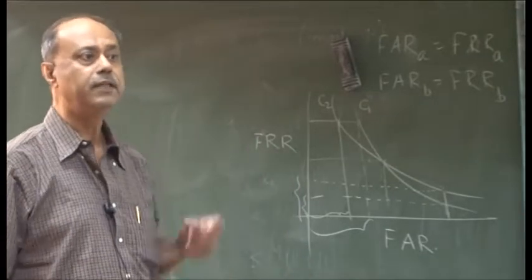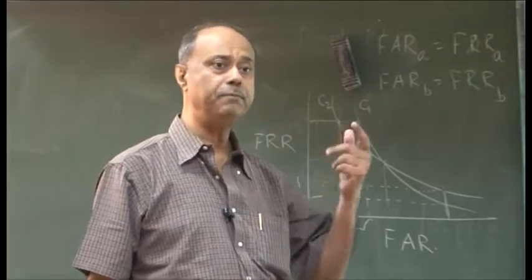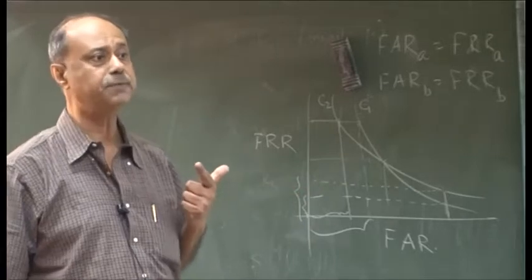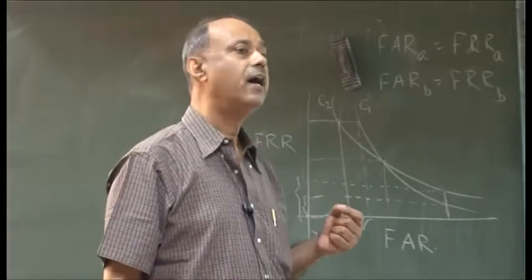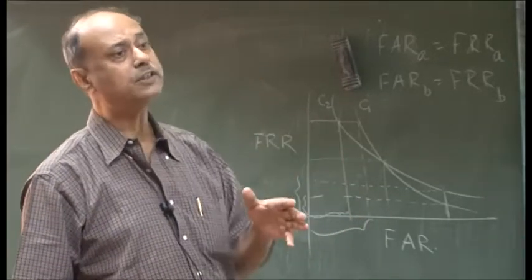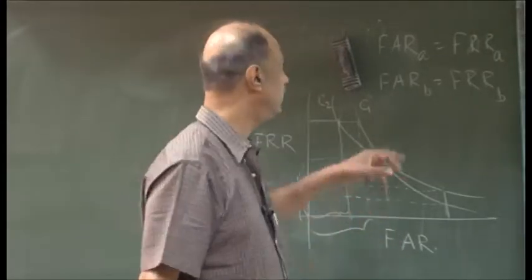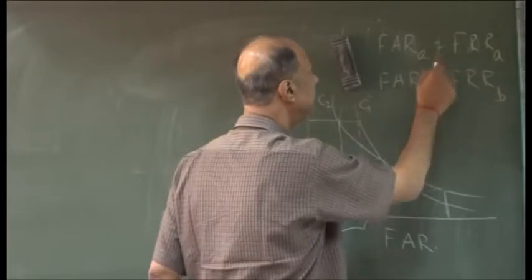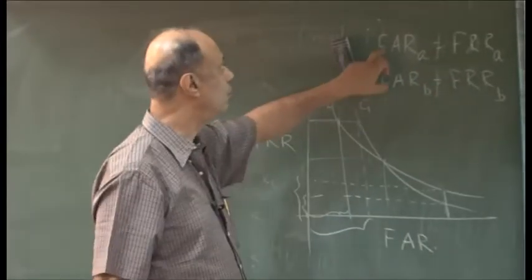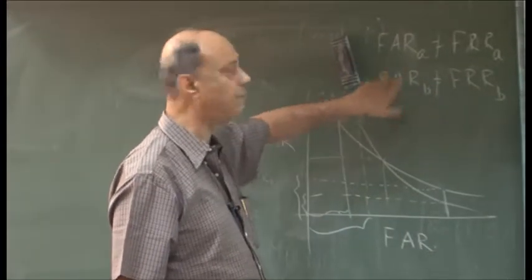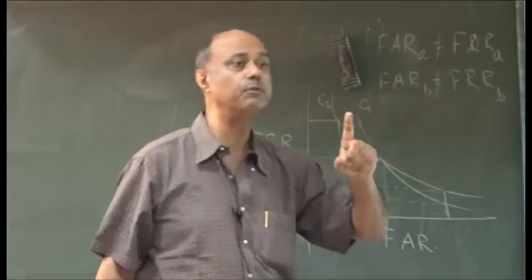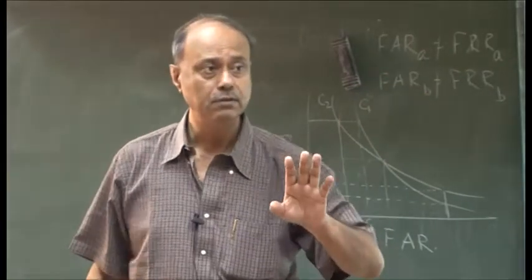Earlier the degrees of freedom were too many, because I have only one piece of information, the false acceptance rate A and the corresponding value of false rejection rate B, but A and B are not the same. By knowing one or two of them, you are not able to draw any conclusion about which one is better.